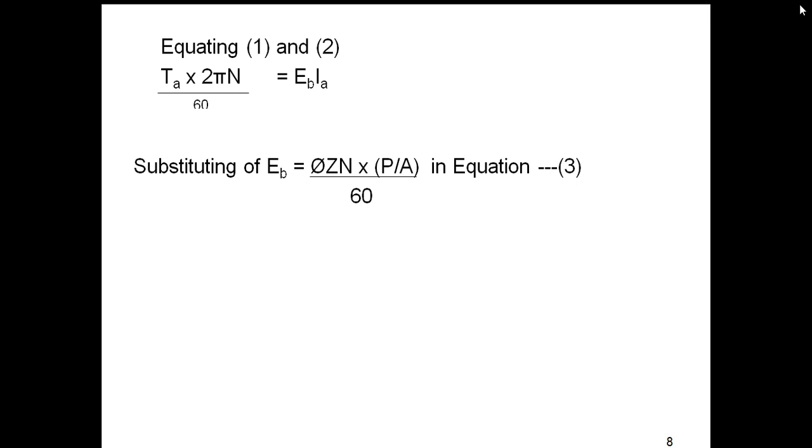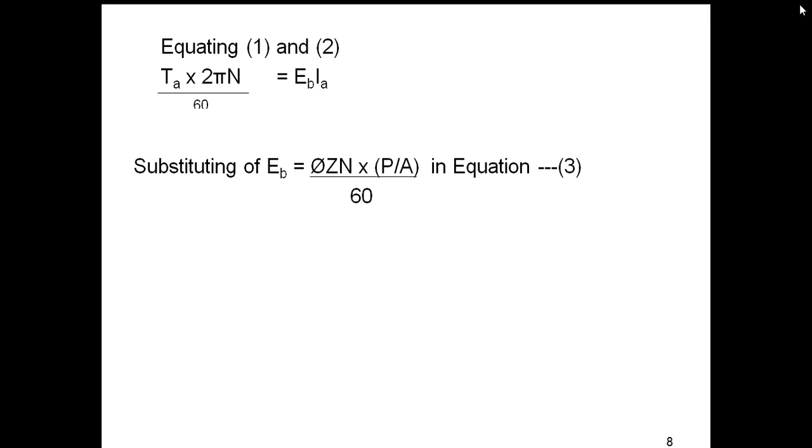Here phi is nothing but the flux in Webers, and Z is the total number of conductors, and capital N is the speed with which the armature rotates, and P is the number of poles, A being the number of parallel paths.